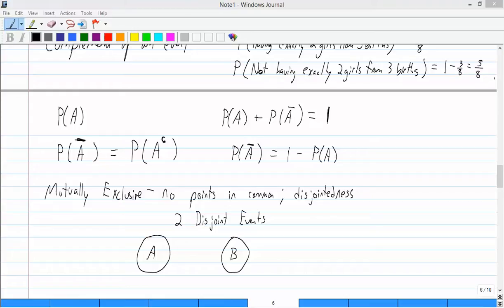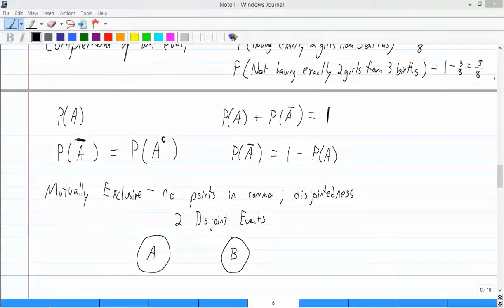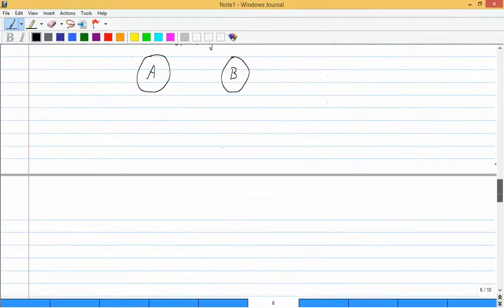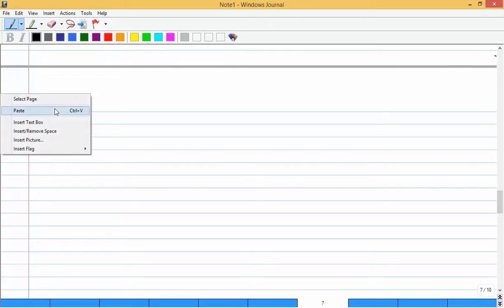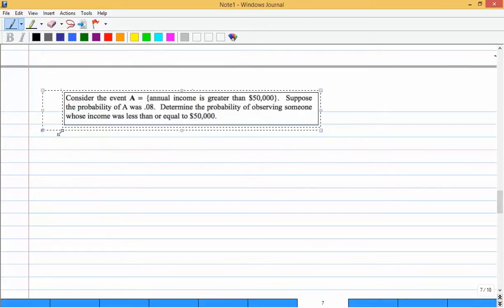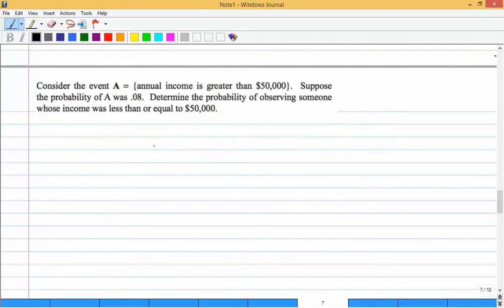All right. Here's an example of using the complement. Consider the event A, annual income is greater than 50,000.